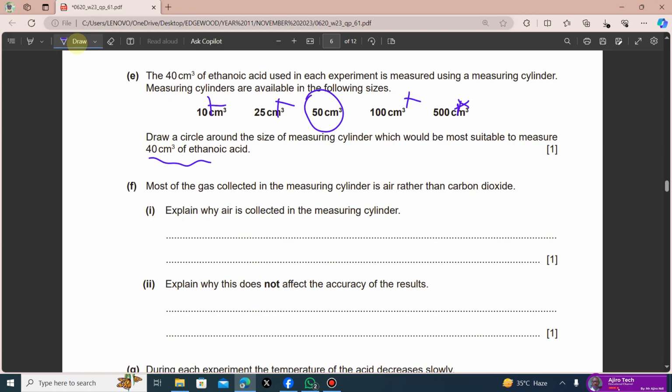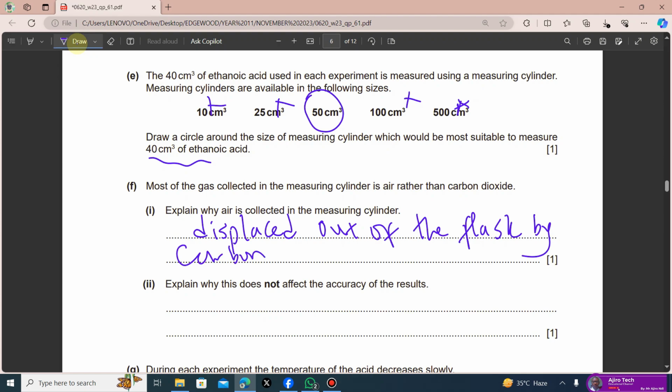So why air is collected in the measuring cylinder is so that it is displaced out of the flask by carbon dioxide.